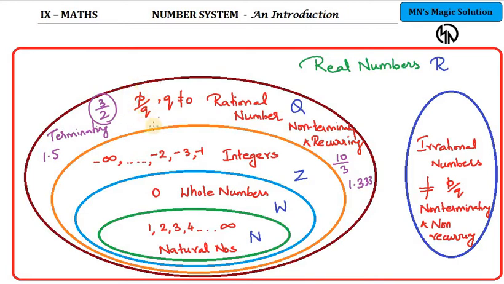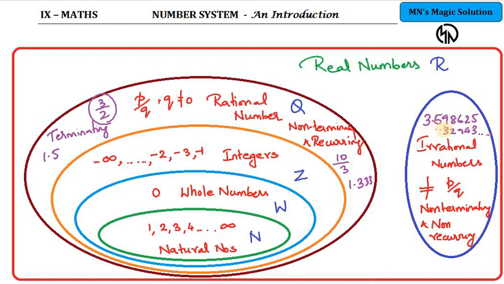Whereas there are some decimal expansions which cannot be expressed of the form P by Q and such numbers are called irrational numbers. So those will be non-terminating and non-recurring. So for example, 3.59862532943.